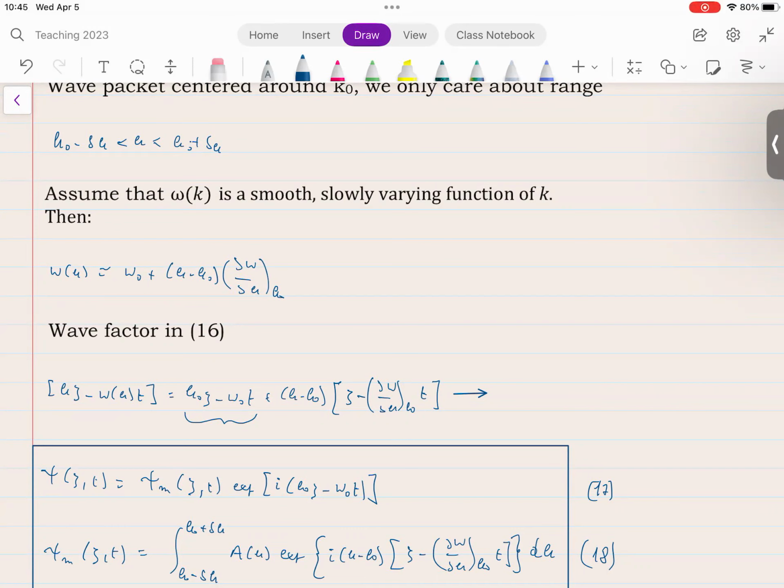If we kept higher order derivatives, then the wave packet shape would also change with time. So the concept of group velocity is, strictly speaking, applicable and useful for wave packets where the spread in wave numbers and frequencies is small. Otherwise, the limitation of our Taylor expansion to the linear term is not a good assumption anymore.